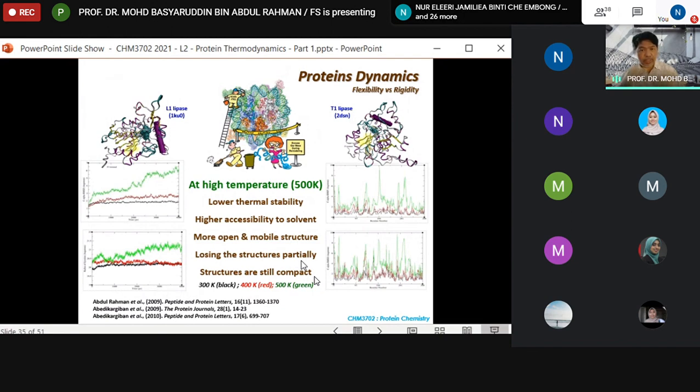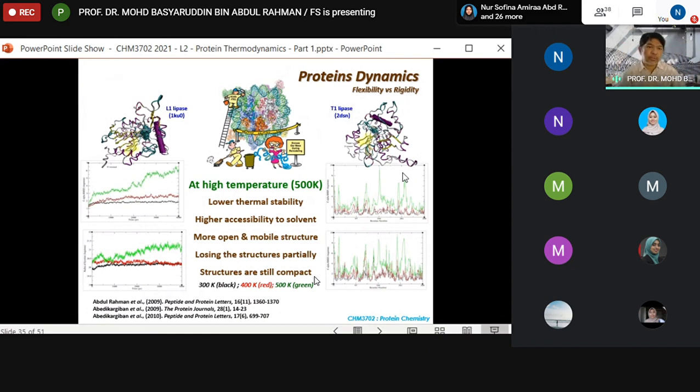We start to look at the partial unfolding, meaning that certain parts are already unfolded at 500 degrees Celsius, and of course, proteins still try to maintain their structure. Some parts are still compact in the middle, but the outer part is already starting to open.